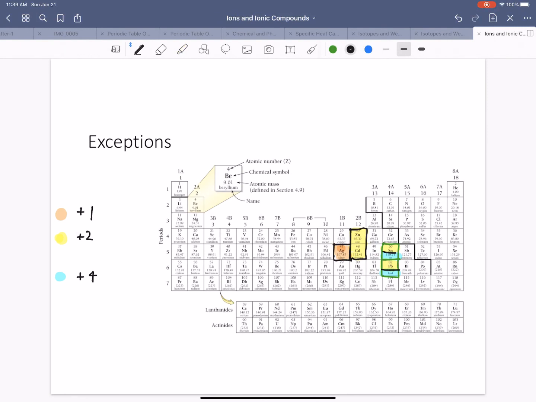So these are not exceptions, but they do help us keep track of that. These are main group metals. We would expect them to have a +3 charge, and they do.